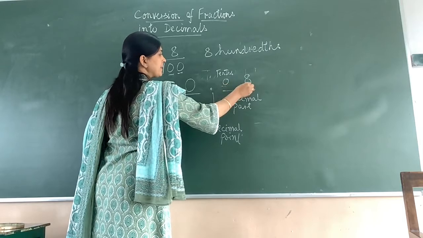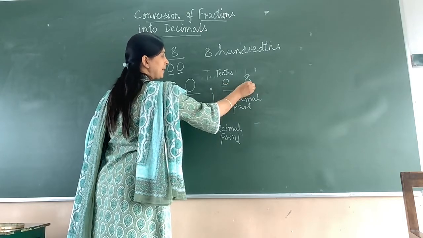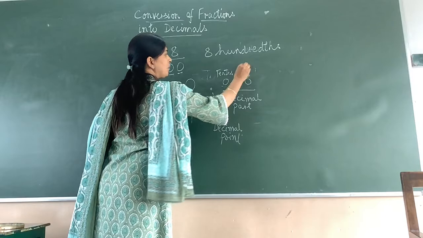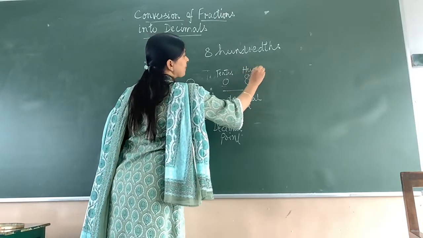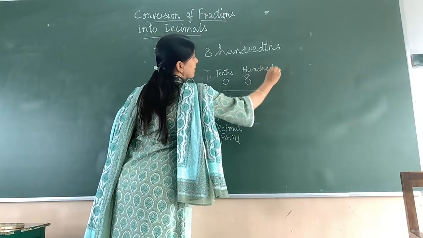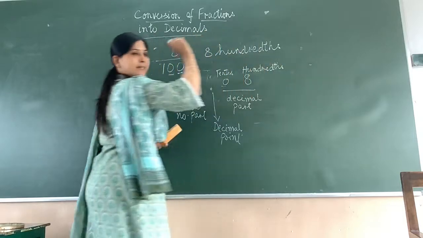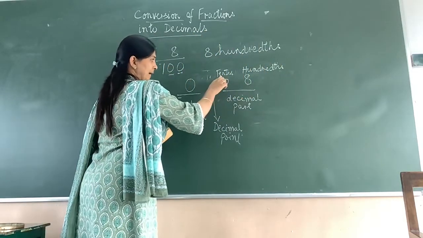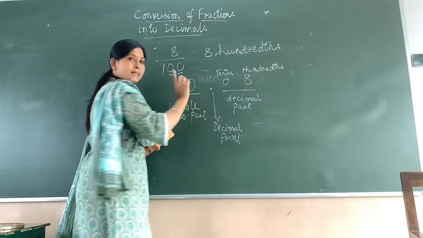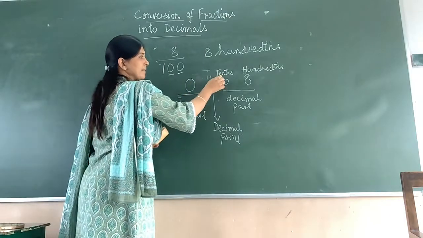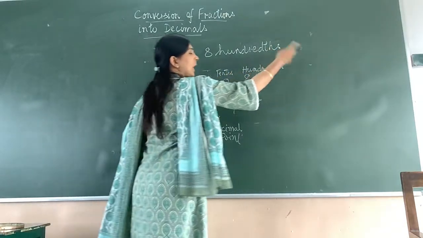The second place after the decimal point is the hundredths place. The places after the decimal are tenths, hundredths, thousandths, ten-thousandths, like this.